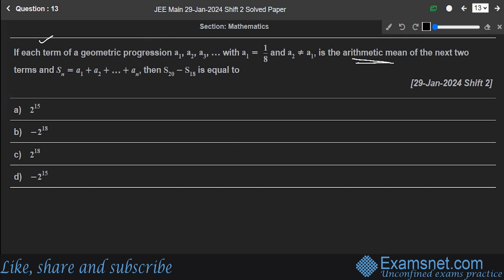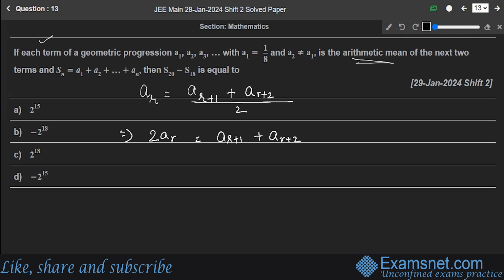That means if you are having any term AR, this is the arithmetic mean of the next two terms. If you are having AR, so this will be the next two terms and this is the arithmetic mean of it. That means you have 2AR is equal to the sum of the next two terms, AR plus 1 and AR plus 2.